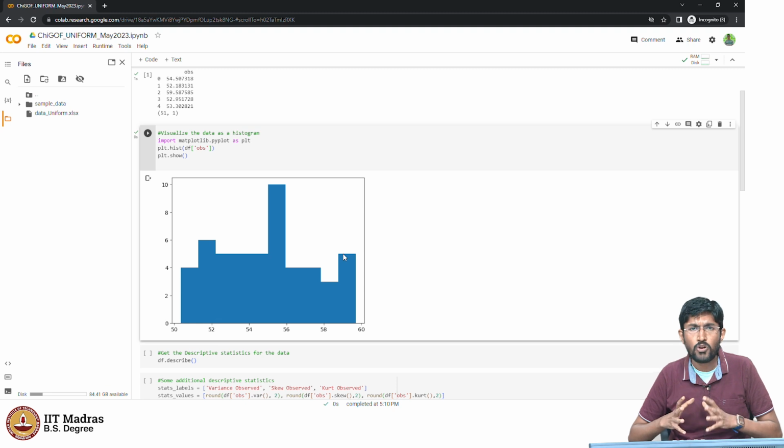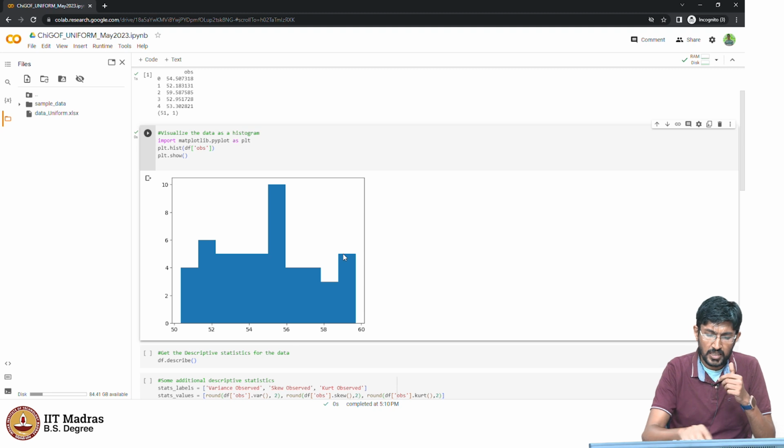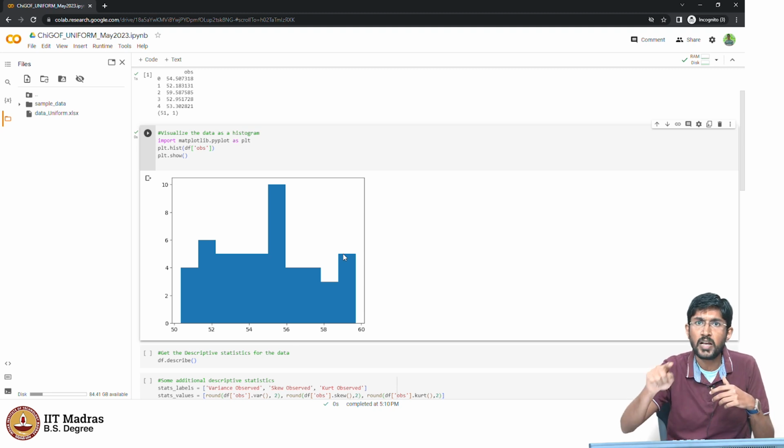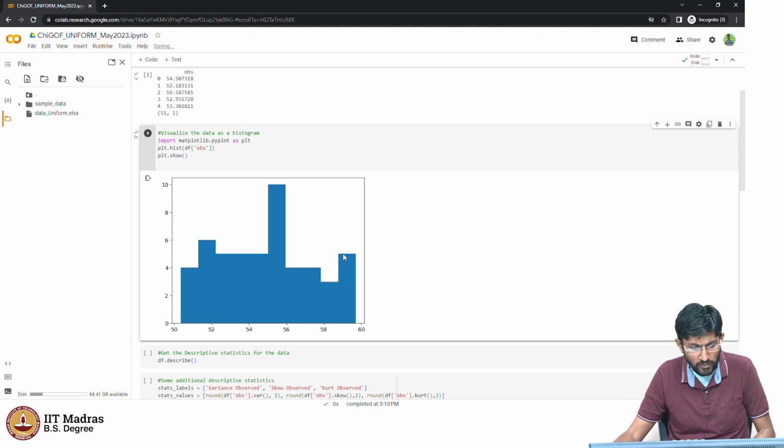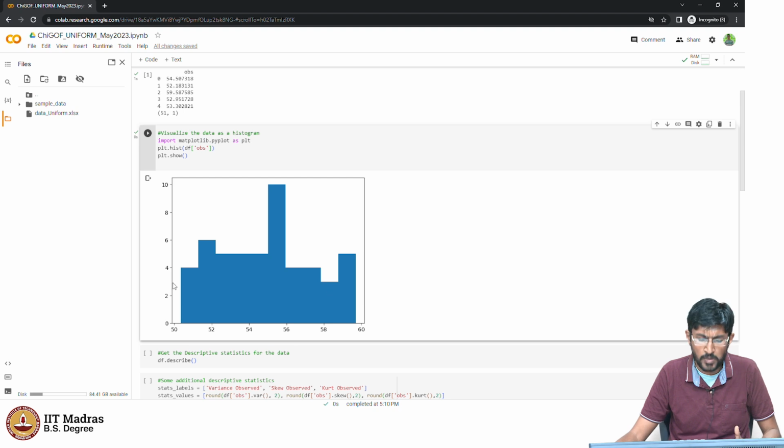So it is looking non-Gaussian to me, but some people might call this a normal distribution as well. Let's say they could say that these two are just anomalies and it is going up and coming down. However, these values are always 4 or more, right? Majority of them, the values that are less than 4 are very minimal. Most of them are 4 and we go up to 10, the frequency, right?